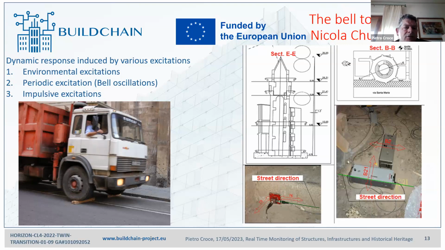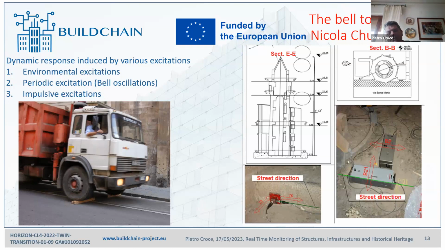But in that case, for this very massive structure, which cannot be excited to a relevant extent by the first two sources of excitation, we use also impulsive excitation with a very peculiar instrumented hammer.